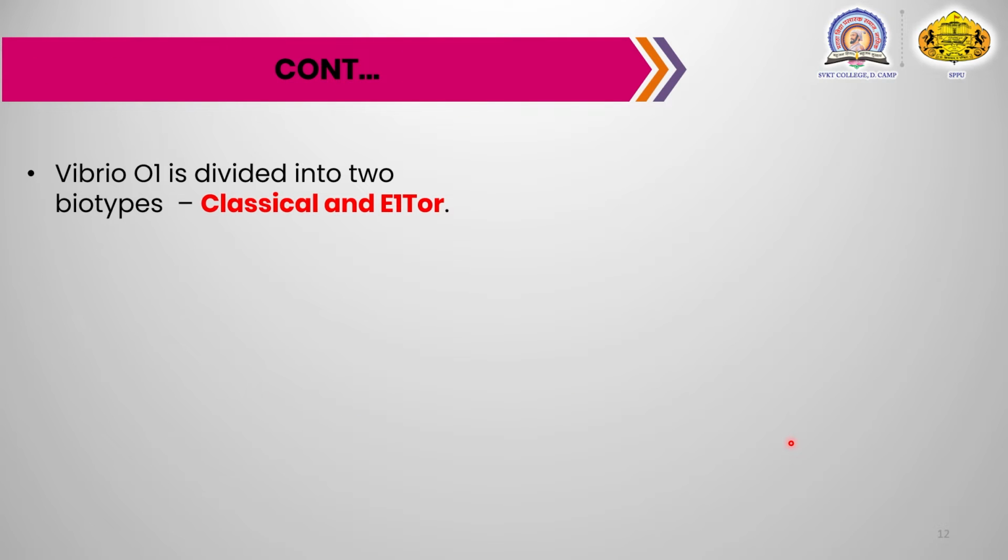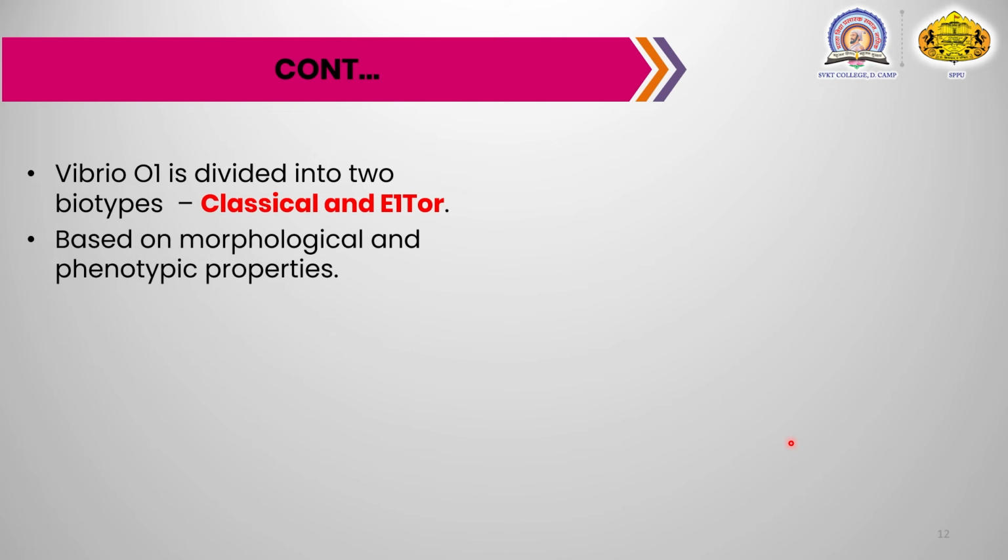Now, when we talk about further classification, the classification which we have seen is the one based on serogroups and serotypes. Vibrio O1 is again divided, based on morphological characteristics and phenotypic properties, into biotypes. It is divided as classical and El Tor Vibrios.